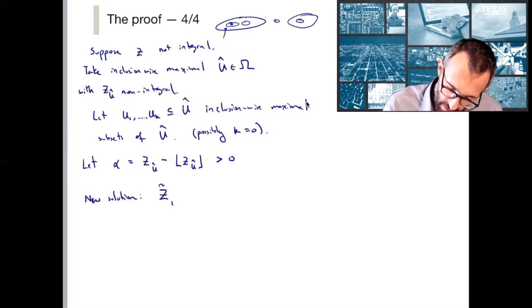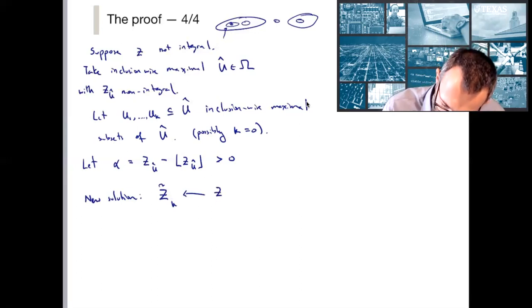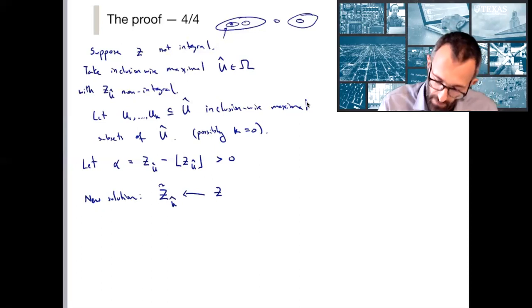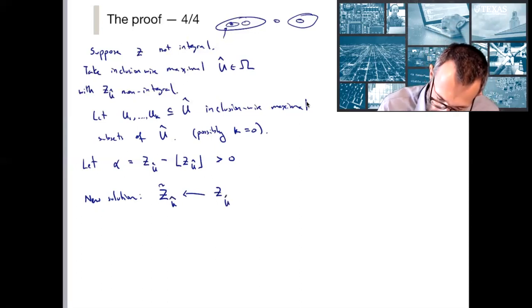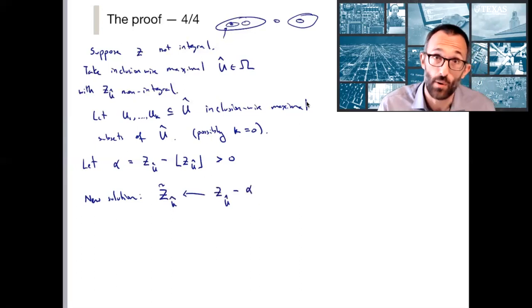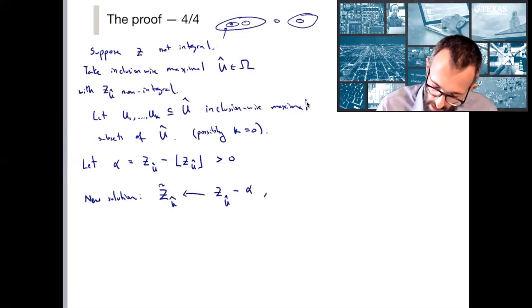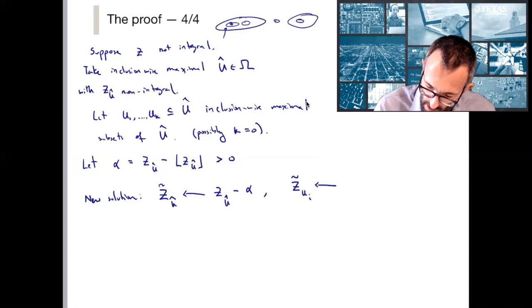Z tilde u hat is going to be, let me make the hat a little clearer now that I'm introducing a tilde, this is the hat, z u hat minus alpha. This is now integral. And also for each i, if there is any, again, possibly there are none of these, I'm going to let it equal z u i plus alpha.